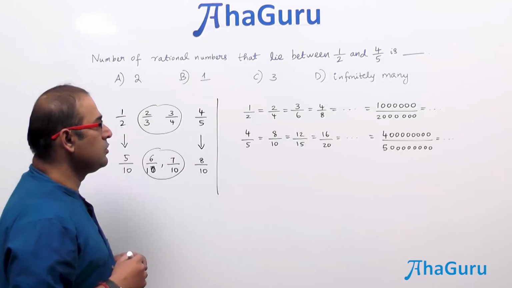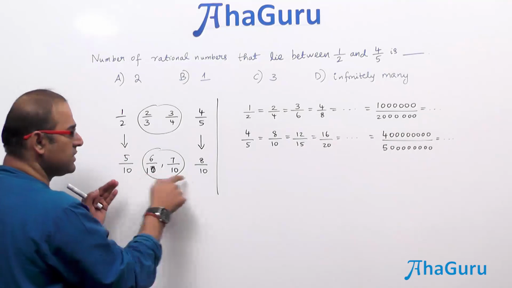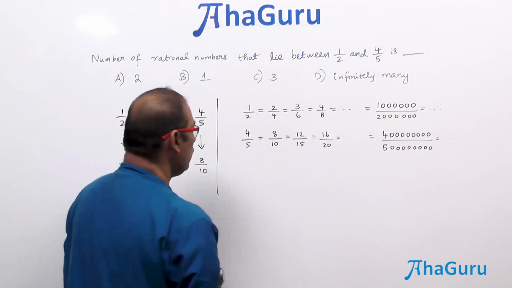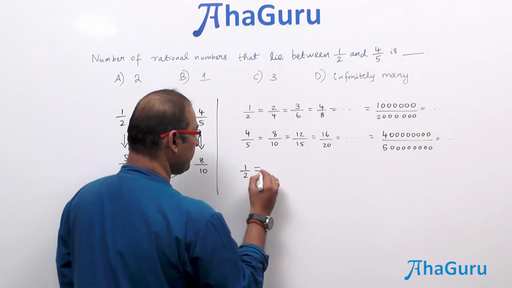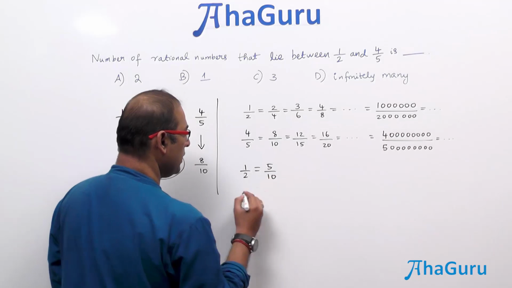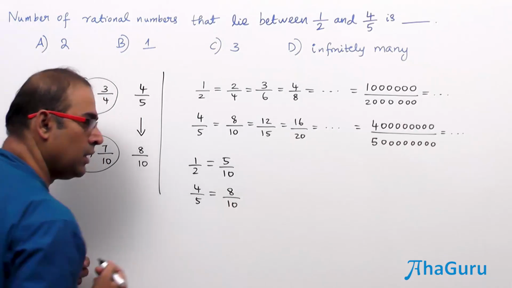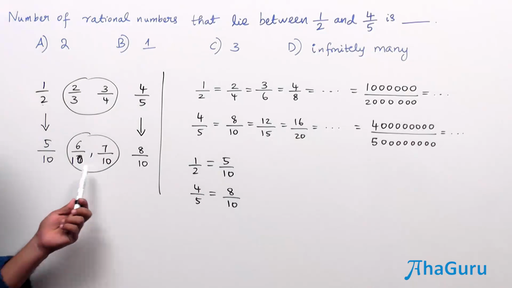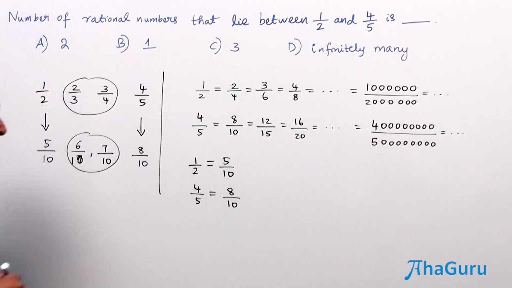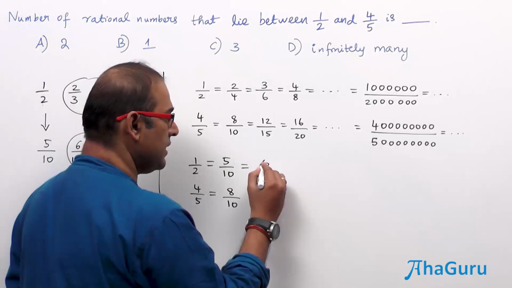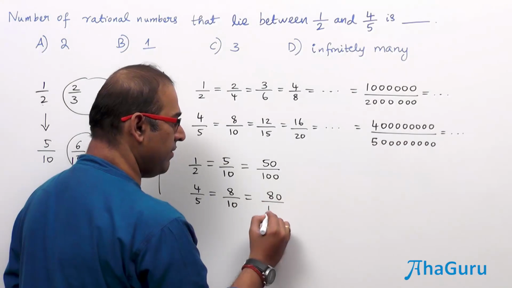So the point is we should not see only 1/2 and 4/5, or only the LCM as denominator. In fact we can write 1/2 as 5/10 and 4/5 as 8/10, and 6/10 and 7/10 are the two rational numbers in between. Now I can write this as 50/100 and this is 80/100.